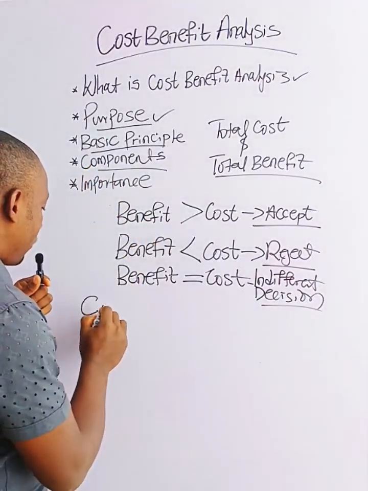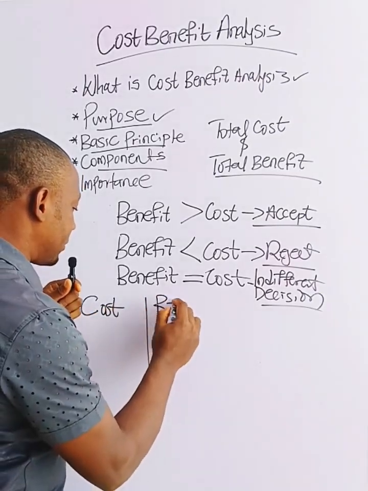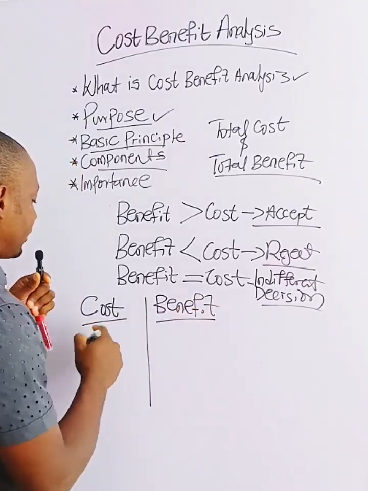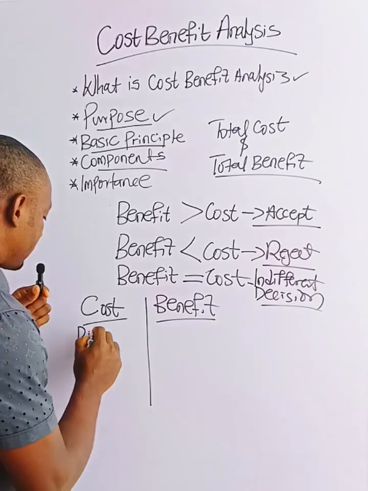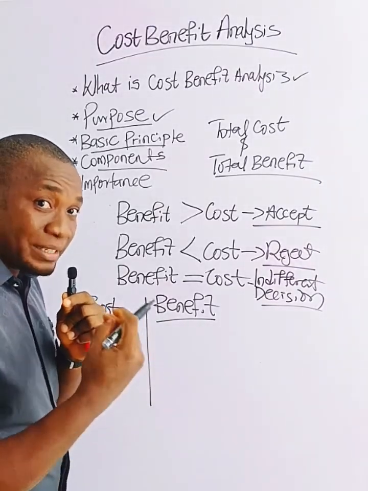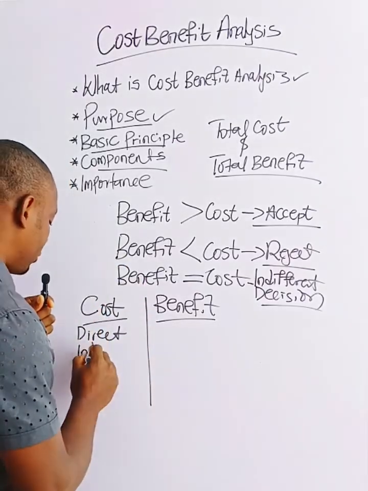The components are, of course, cost and benefits. Under cost, we have direct cost. Direct cost is the expenses that are directly on the project. We have indirect cost.